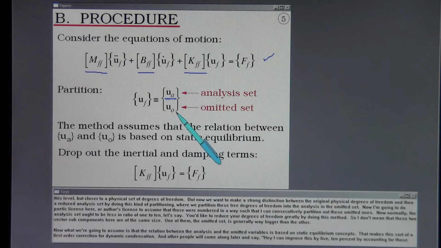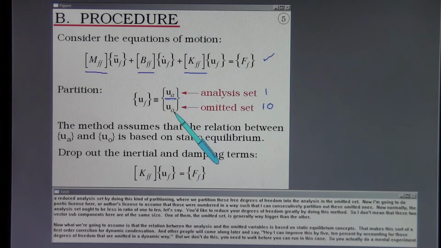Normally the analysis set ought to be less in the ratio of 1 to 10, let's say. You'd like to reduce your degrees of freedom greatly by doing this method. So I don't mean that these two vector subcomponents here are of the same size. One of them, the omitted set, is generally way bigger than the other.